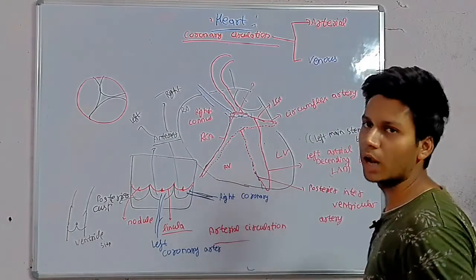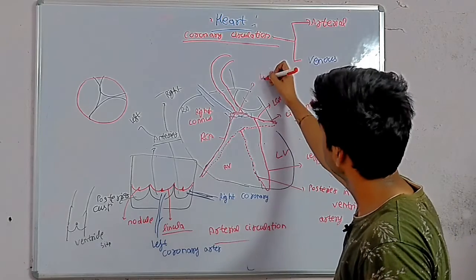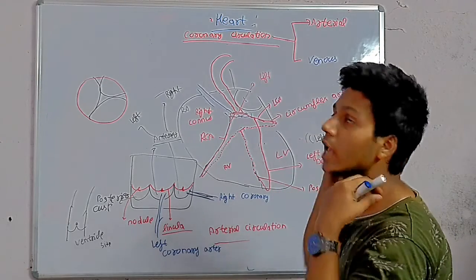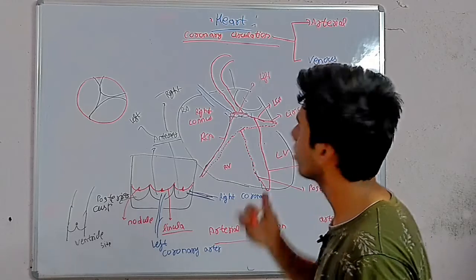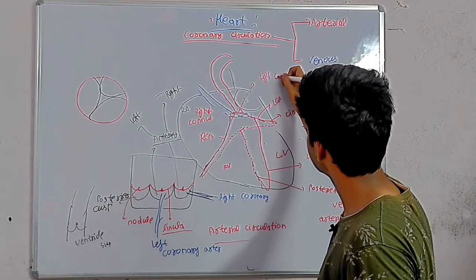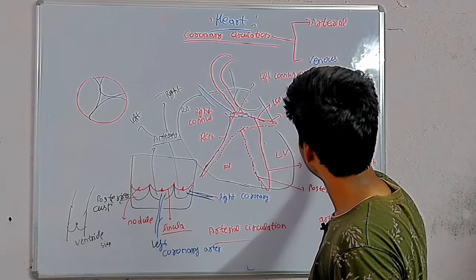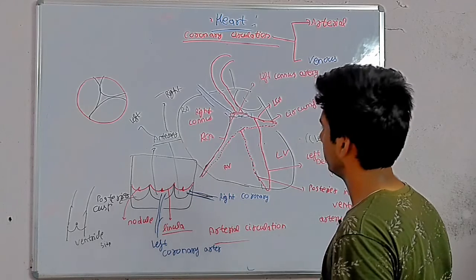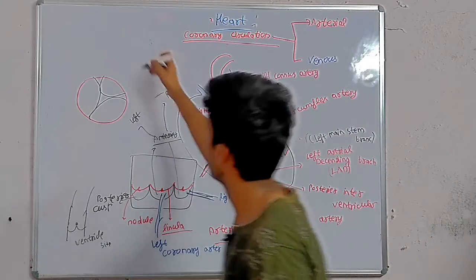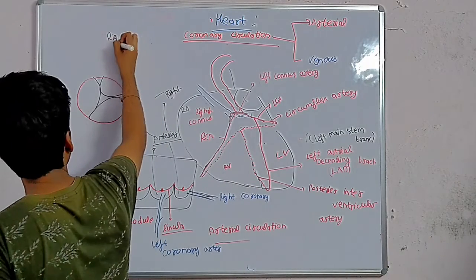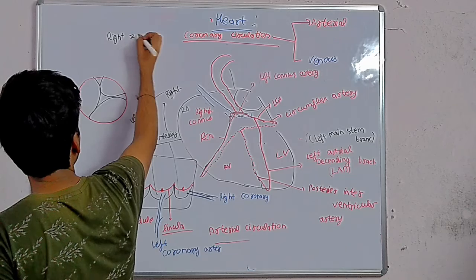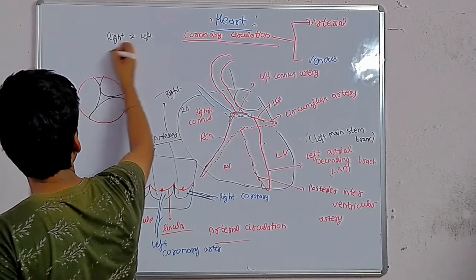All these two are branches of the right and left coronary artery and form a ring-like structure around the pulmonary trunk. Left conus artery and right conus artery.